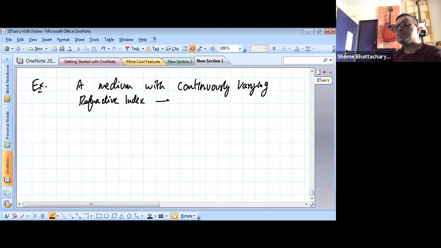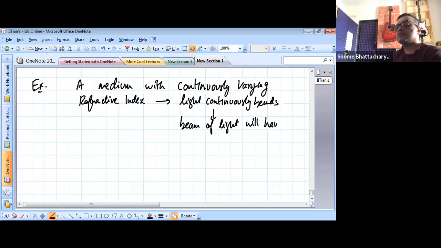So what happens in such a situation is that light continuously bends. Okay. So a beam of light will have a sort of curved trajectory, as you know with the case of the mirage effect and all that.